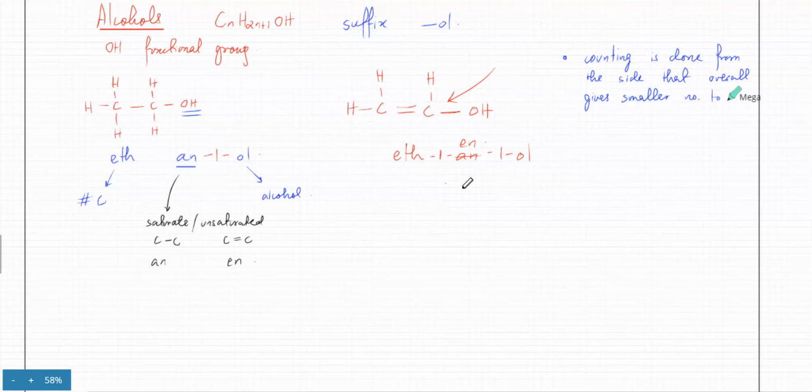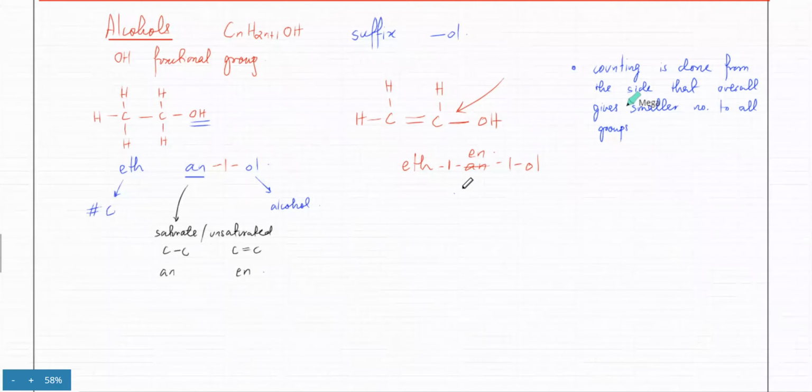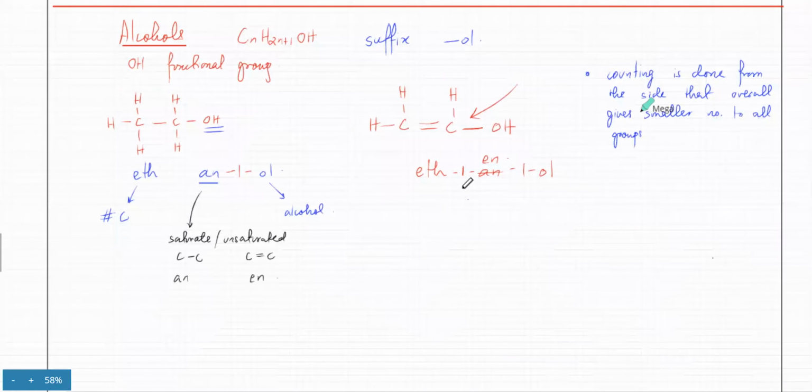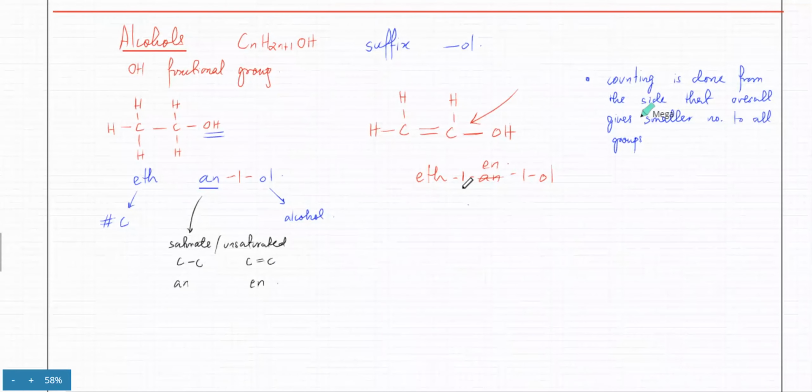Right now we're just talking about simpler molecules, so I'm not discussing counting that much yet. Branches will come, then multiple functional groups, so things will get even more complicated. Then we're going to talk about which side you count from. For now, just remember, counting is done from the side that overall gives you a smaller number.